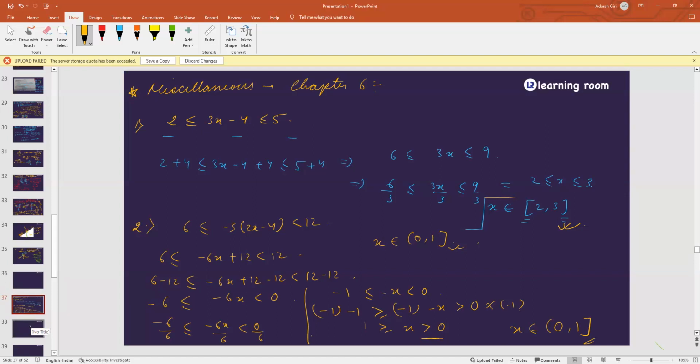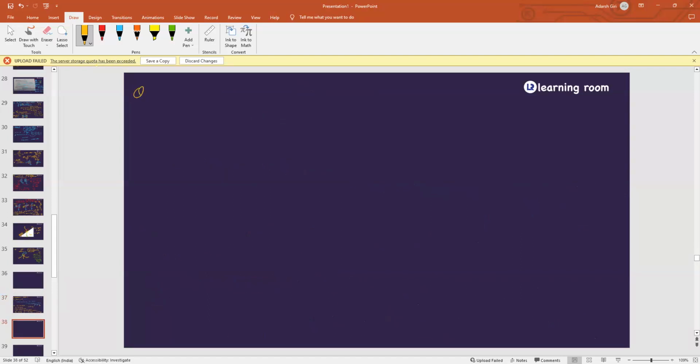Right, third question. Question third. It says that -3 less than equals to 4 minus 7x by 2 and then less than equals to 18.